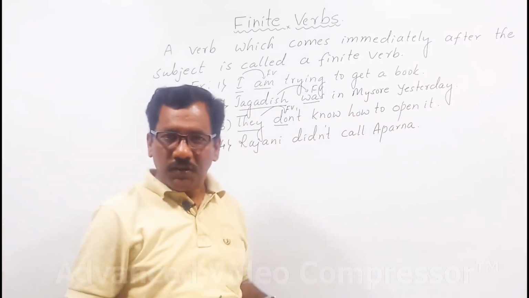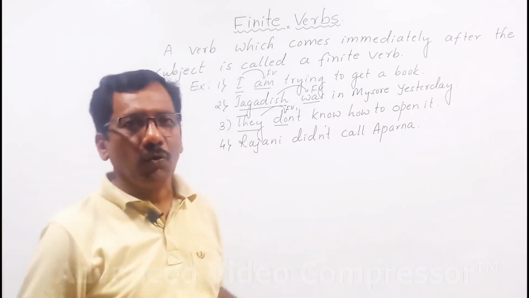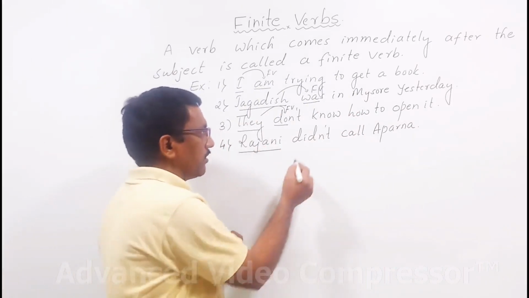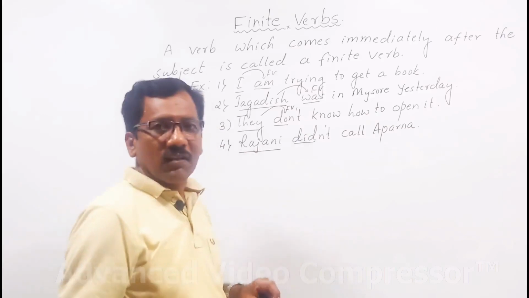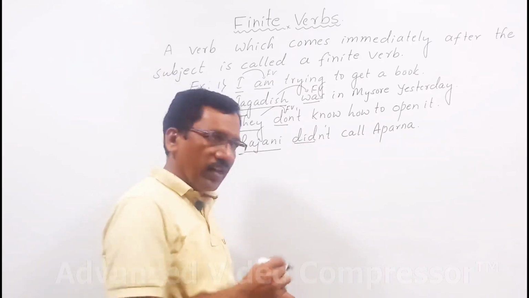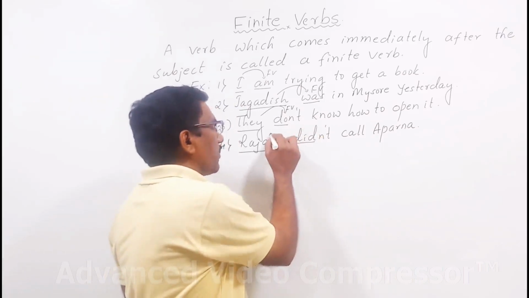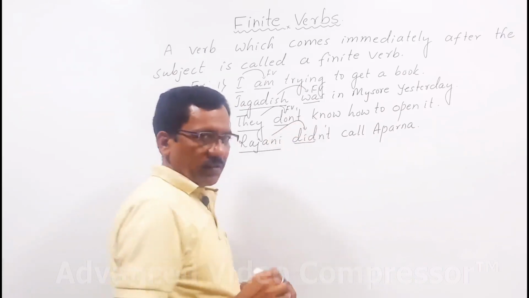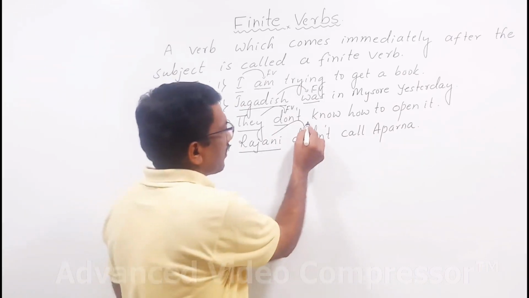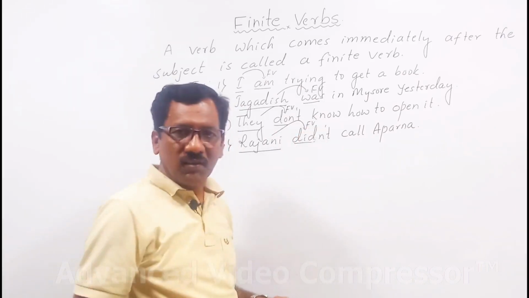Here, Rajni is the subject and didn't, did, is a helping verb. Okay? The word which comes immediately after the subject is a helping verb of course. But here, did is known as the finite verb.